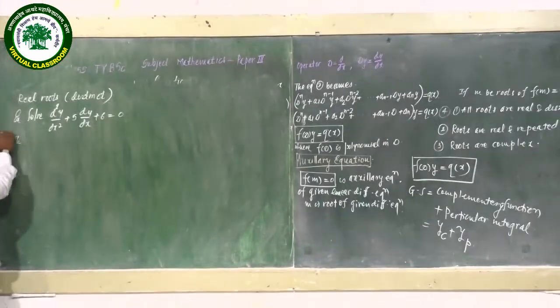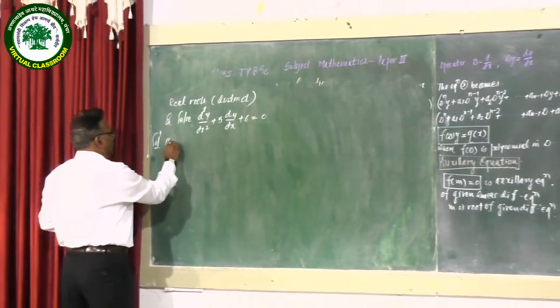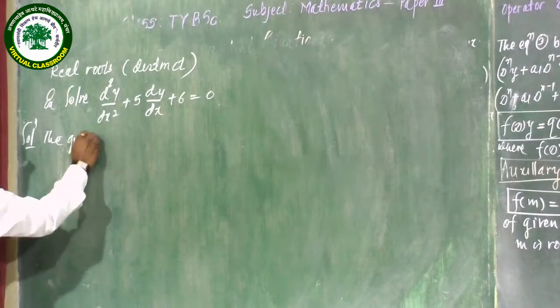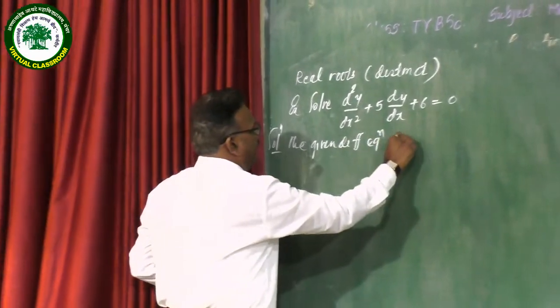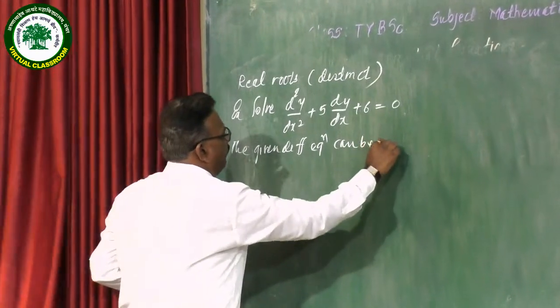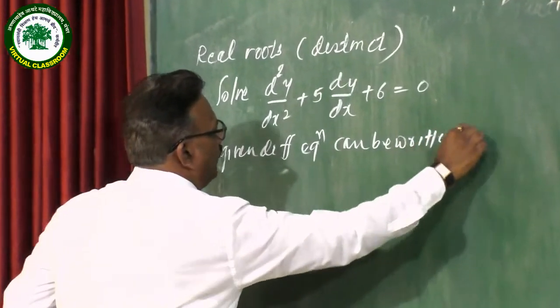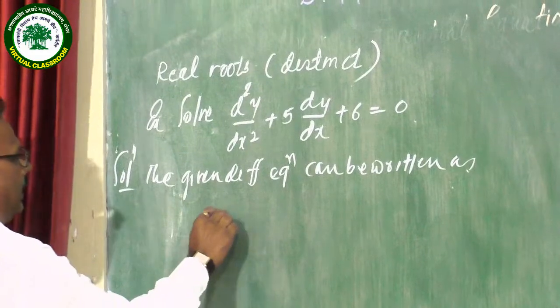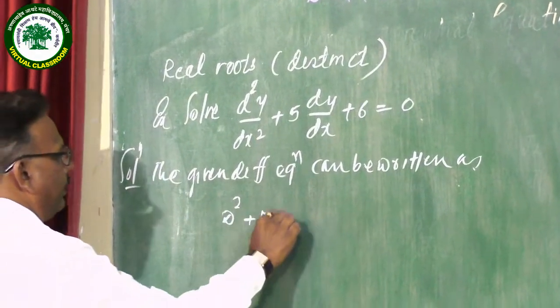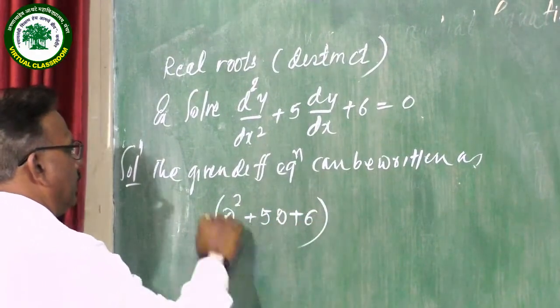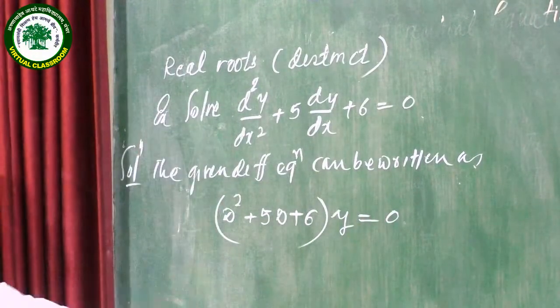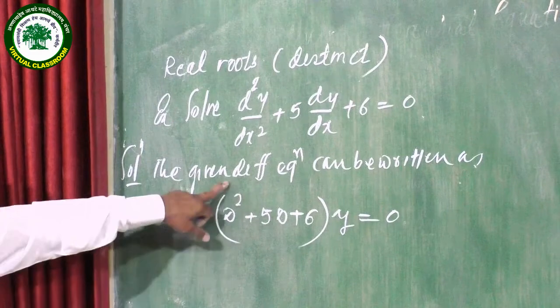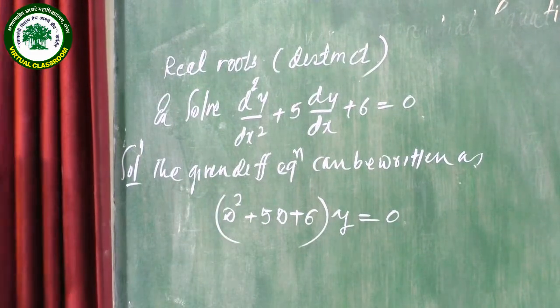The given differential equation can be written as D squared plus 5D plus 6 applied to y is equal to 0, which is in D form, a second degree polynomial, a quadratic equation.